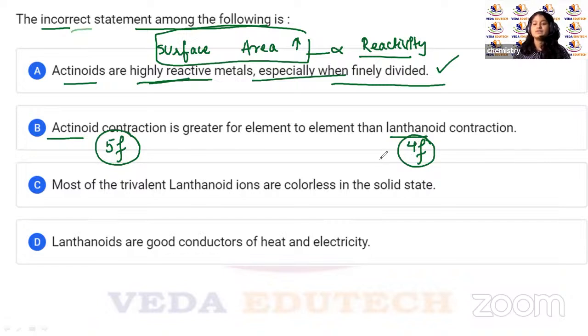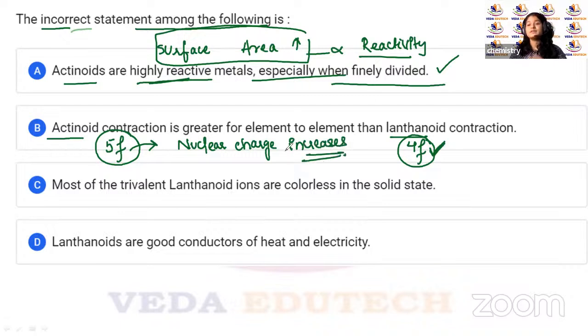So this has more shielding, this is less shielded. So nuclear charge increases, and the electrons are going to get pulled towards the nucleus. So can I say that actinoid contraction is greater than lanthanoid contraction? So this statement is also correct, right?